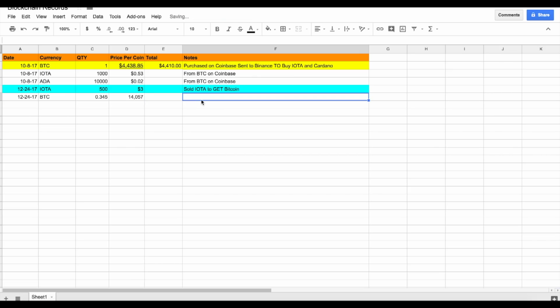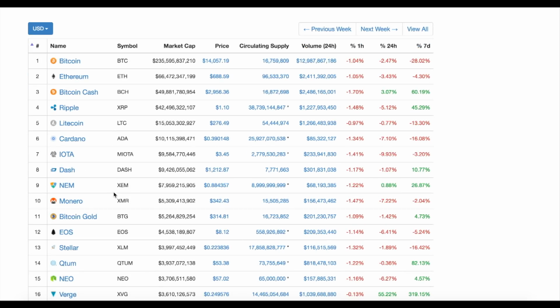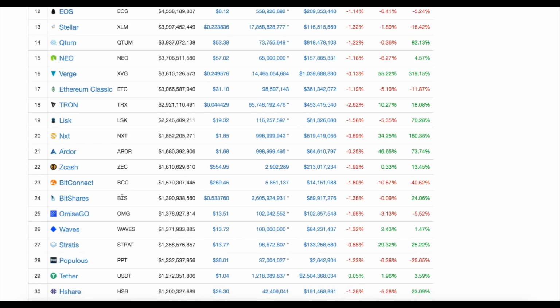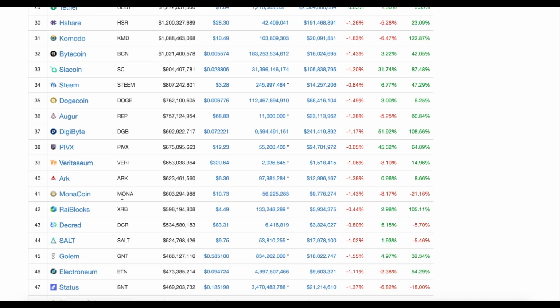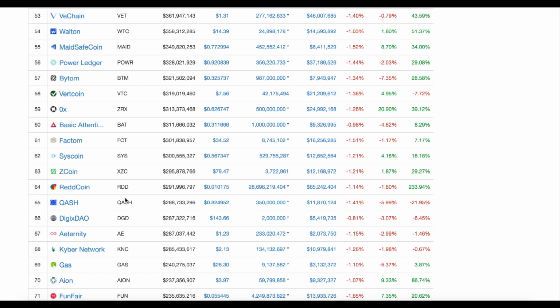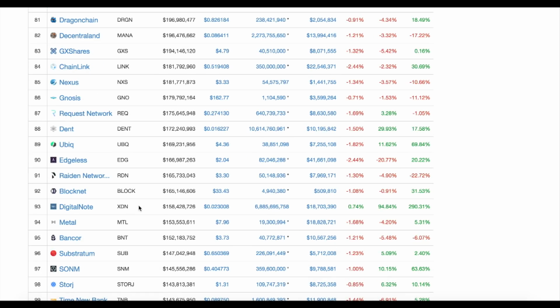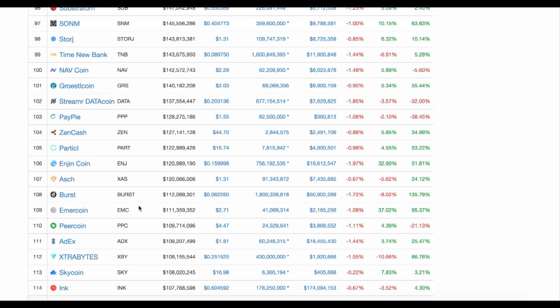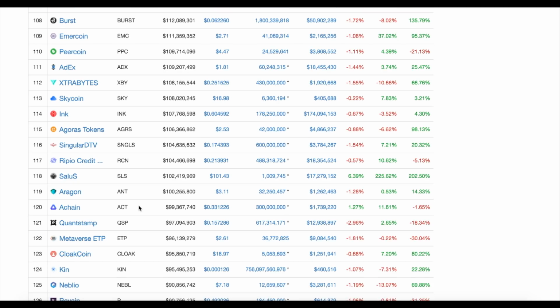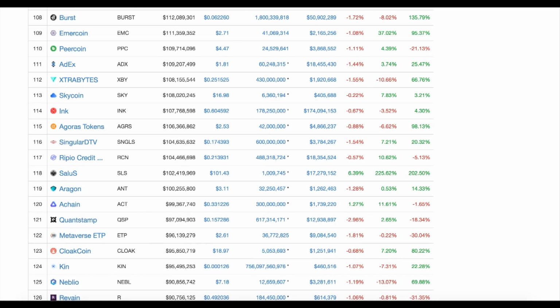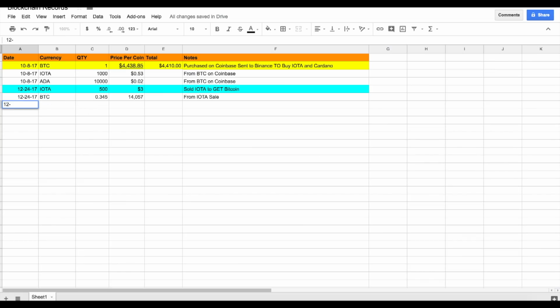Okay. So from the IOTA sale, let's just say you took that BTC and you wanted to buy something on the dip, so you took out a position. Although this is previous, it's kind of petty. Okay, so Quantstamp, QSP, right? Say on that day, 12/24/17, you took out a position on QSP.